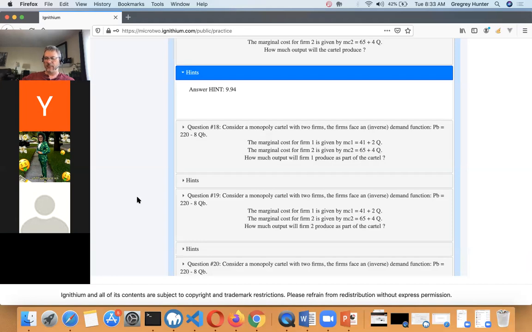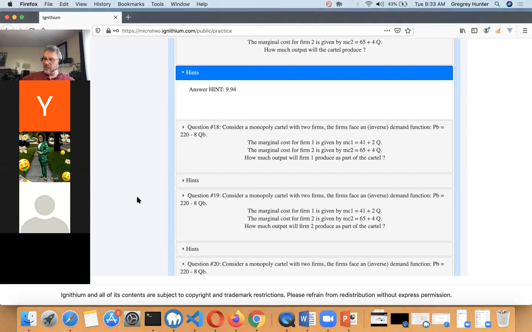From 17, I had the low cost function giving me a higher production quantity, which was 9.94, and I plugged that into the marginal revenue equation. I got a marginal revenue and solved for it. So what value did you get for marginal revenue? 60.96. Okay, so I'm going to put 60.96.